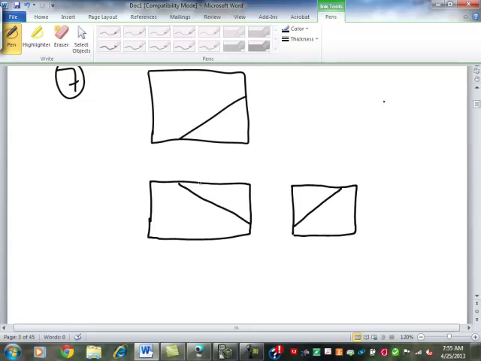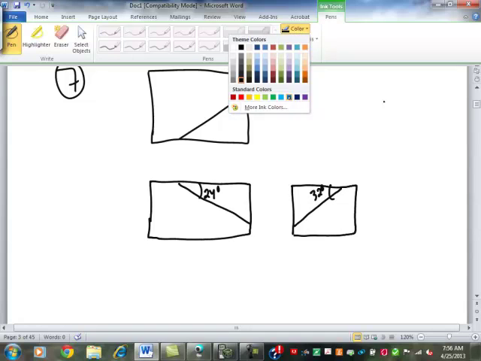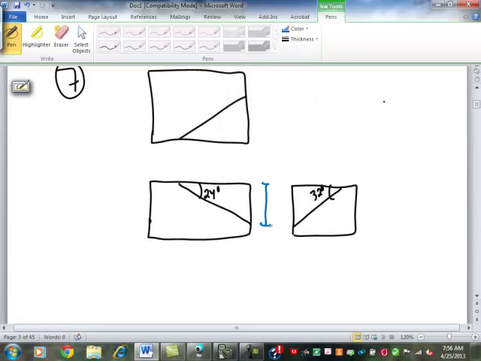So the angles we have are 24 degrees and 32 degrees. And again, we're going to pick a number here. I'll stick with my 10 millimeters. So we want to find Y and X. You guys tell me, how do I find Y?